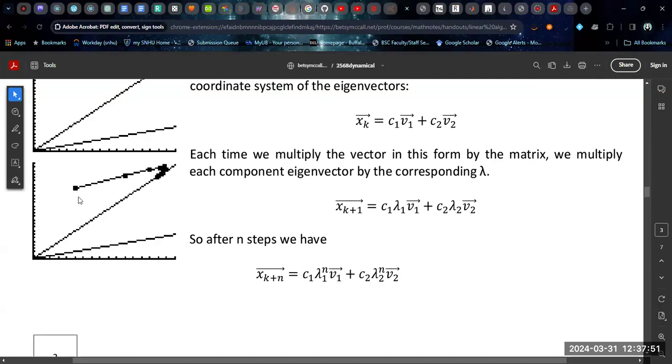Over time, you can see that any component that is not related to my larger eigenvalue disappears, and the trajectory begins to merge with just following this path along the way to the origin. If we were to continue plotting additional points, they would all fall closer and closer to this line until they disappeared entirely.